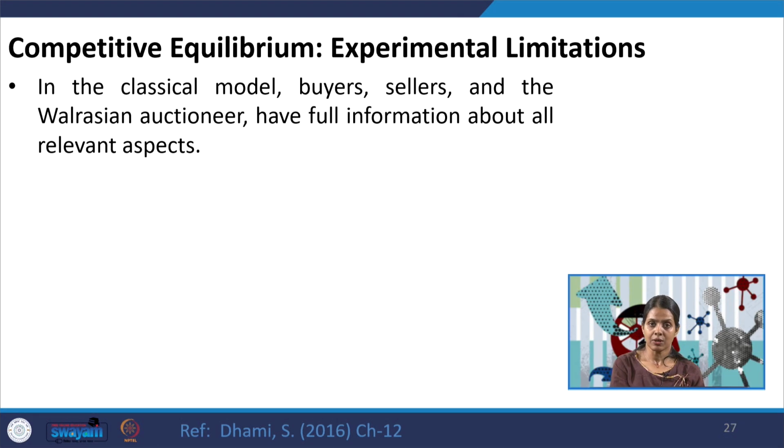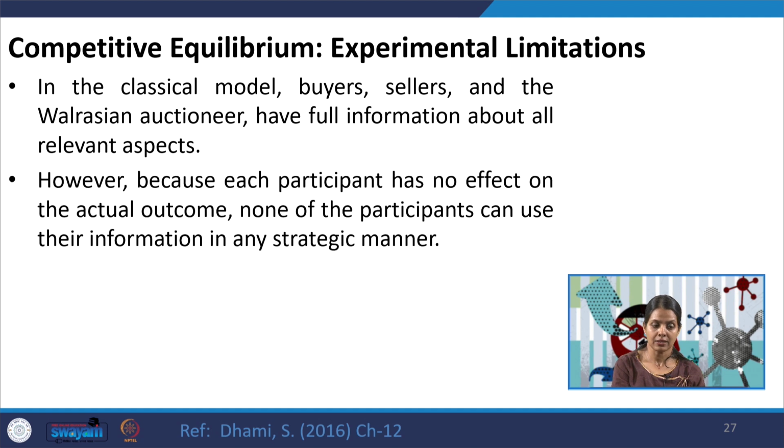In the classical model, buyers, sellers and the Walrasian auctioneer have full information about all relevant aspects. However, because each participant has no effect on the actual outcome, none of the participants can use their information in any strategic manner. So, basically there are contradictory assumptions.